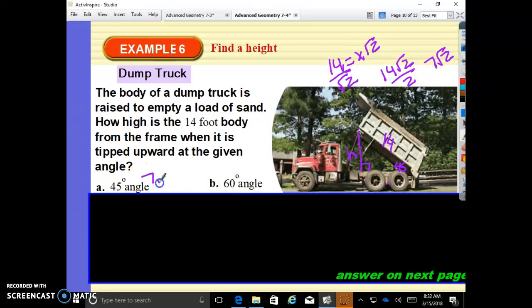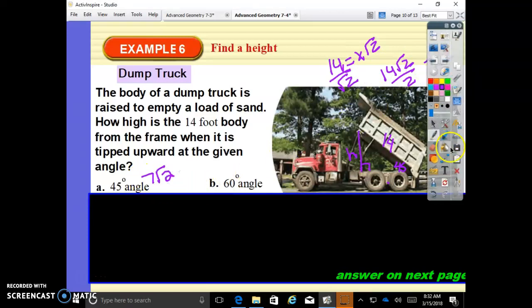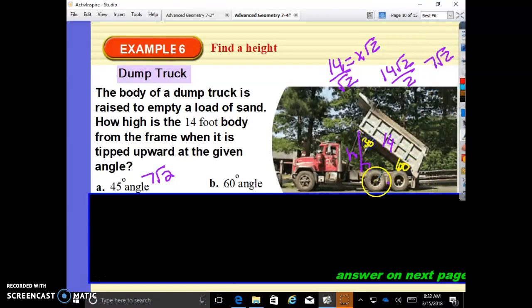So we would have 7 rad 2 if it was a 45-degree angle. But what if it was a 60-degree angle? Then it would be x, 2x, x rad 3. So if 2x is 14, then x is 7, making x rad 3 7 rad 3.